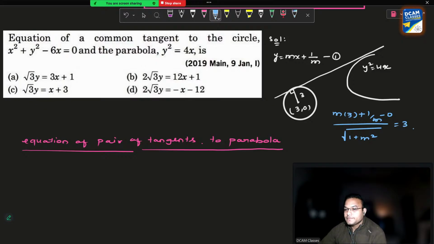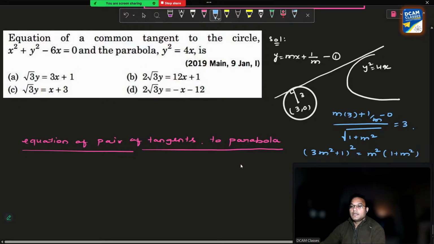To solve it, 3m square plus 1, oh, you are getting a bigger equation. This is the problem you are facing. Is equal to m square into 1 plus m square. It should be whole square. Right?